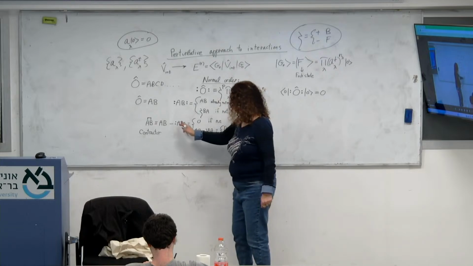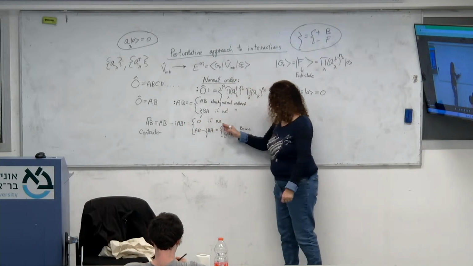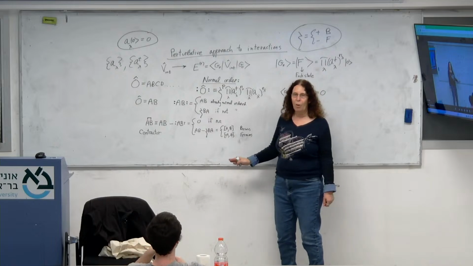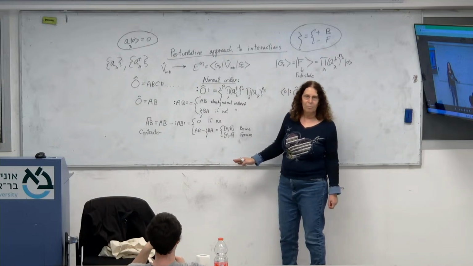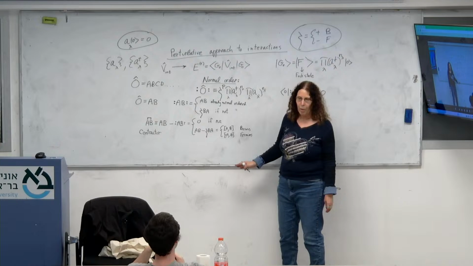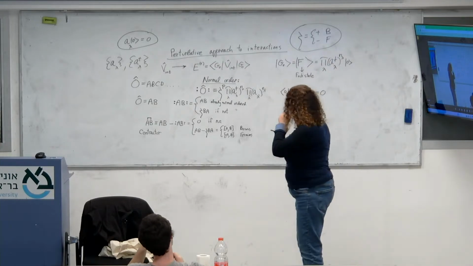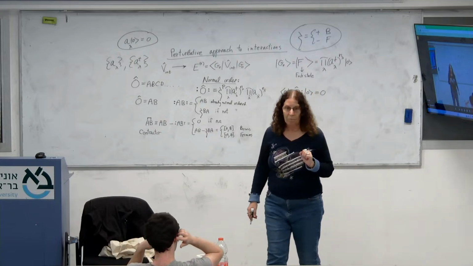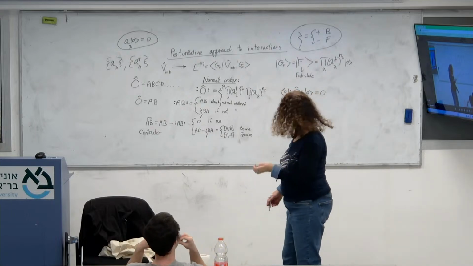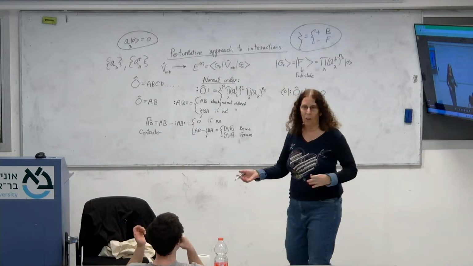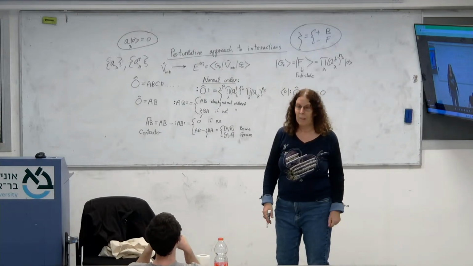The result of this operation, all the three possibilities give you a number. No longer an operator. And this number is either 0 or a commutator or anti-commutator.